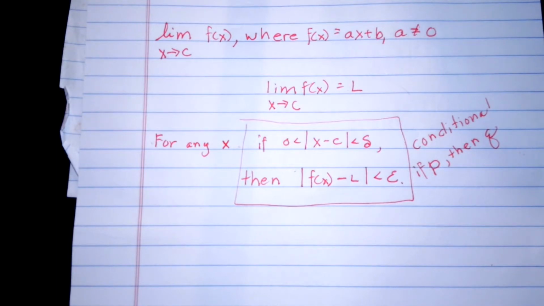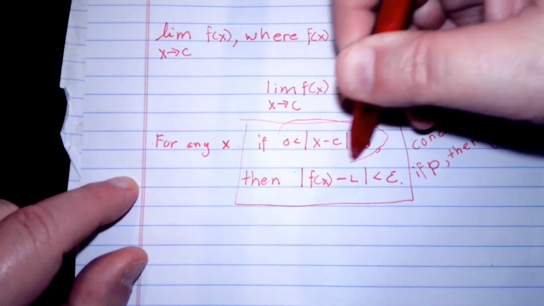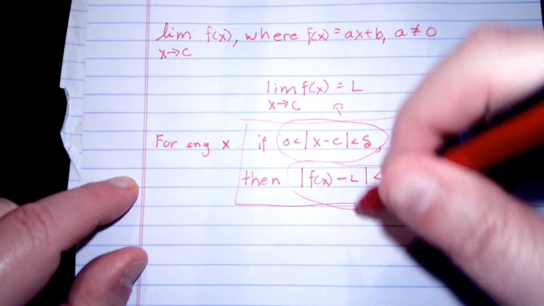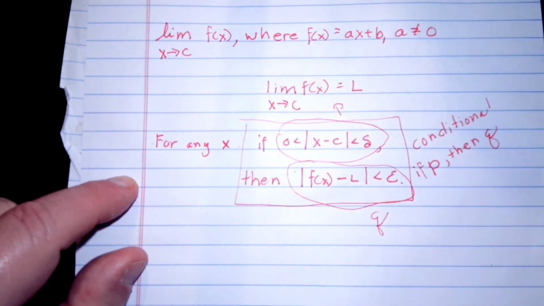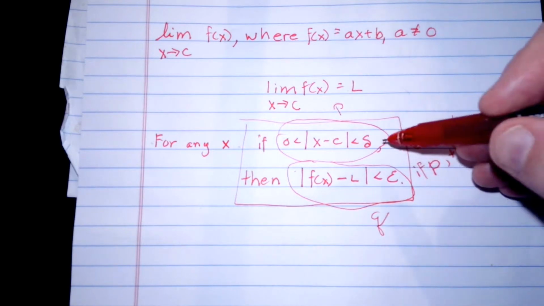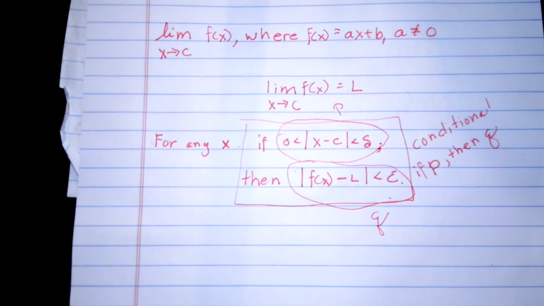With a direct proof, what you do is you assume that P is true, and then show that Q is an immediate consequence, that Q is unavoidable. Every time you have P, you must also have Q. So that's how we're going to work with our limits.